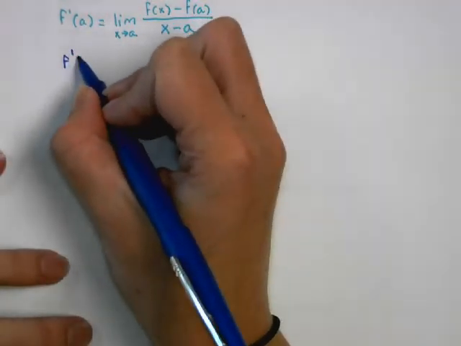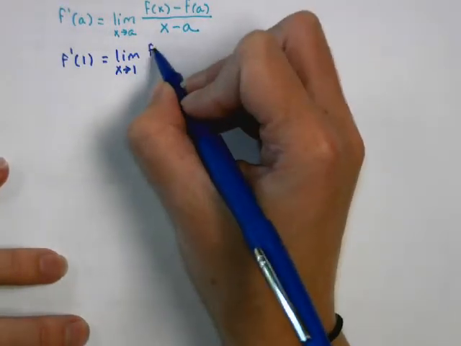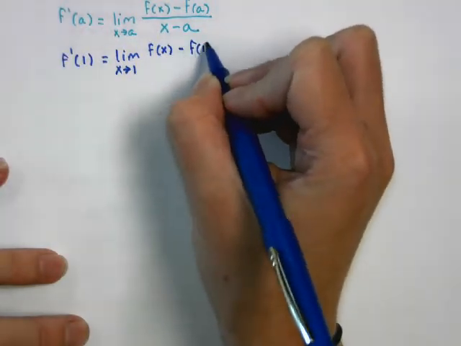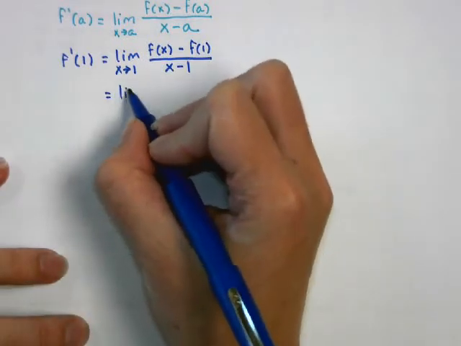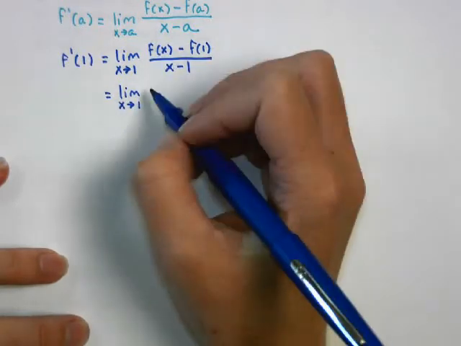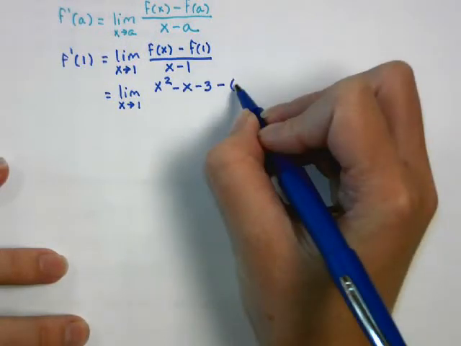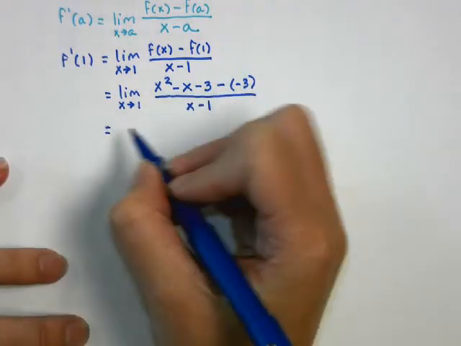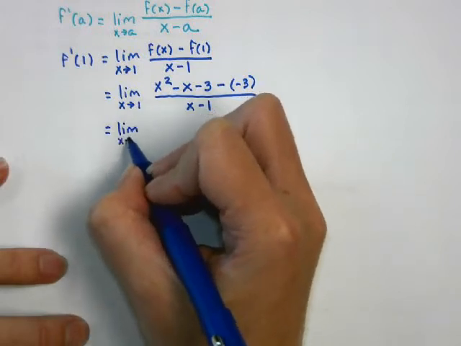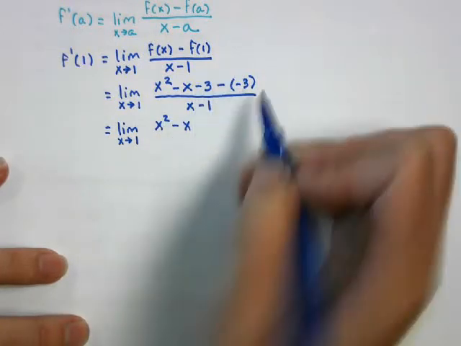So we're going to plug in: f prime of 1 is going to be the limit as x goes to 1 of f of x minus f of 1 over x minus 1. f of x is still x squared minus x minus 3, minus f of 1, which is negative 3, so we're going to have x squared minus x, and then negative 3 minus negative 3 is 0.